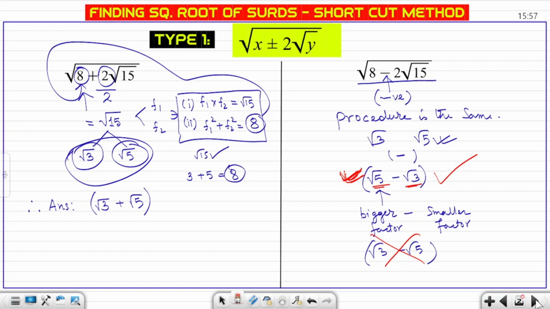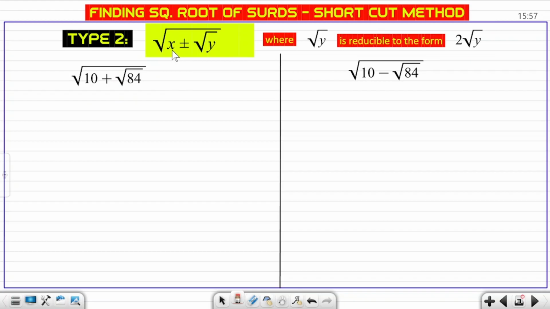Next type is x plus or minus root y. Here, example: root of 10 plus root 84, and root of 10 minus root 84. Plus is here, minus is here. So let's see. This is 84, right? We have to bring this to the format 2 root y. When you send the 2 inside, it will become 4.